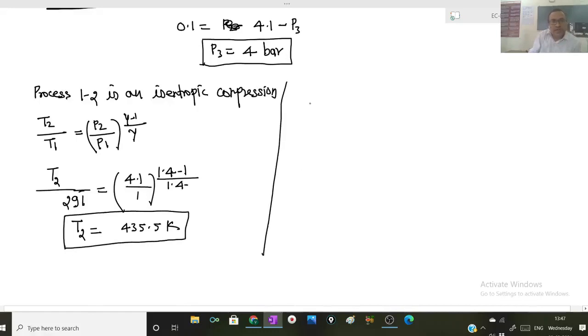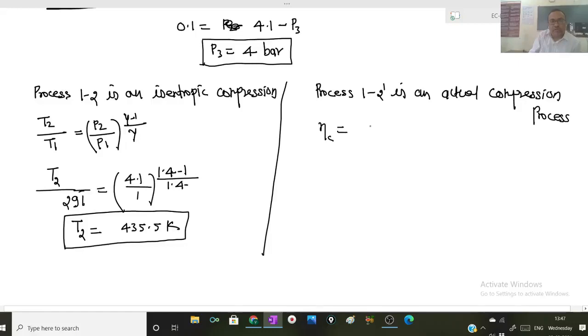Now let us consider actual process 1 to 2 dash. Process 1 to 2 dash is an actual compression process. So here isentropic efficiency of the compression will come into picture, and that is nothing but the ratio of isentropic compression work to the actual compression work.